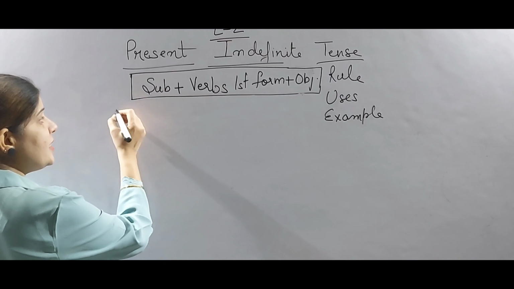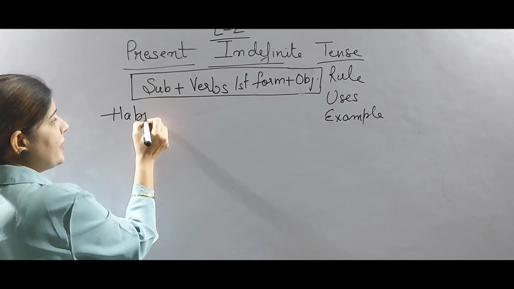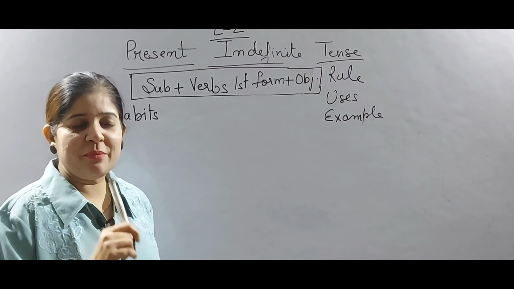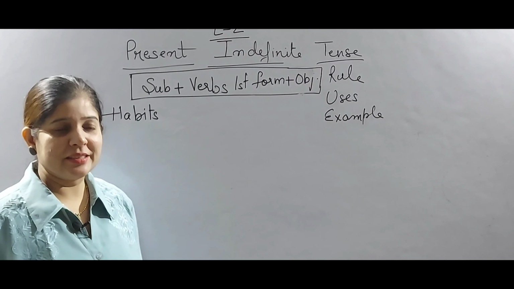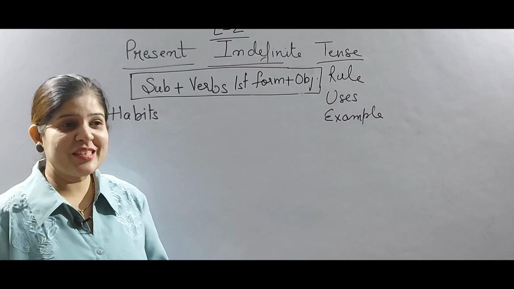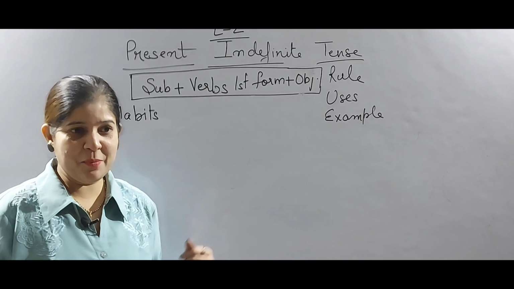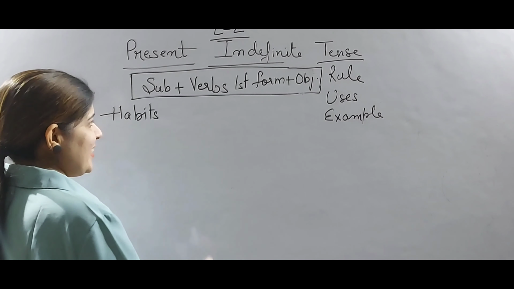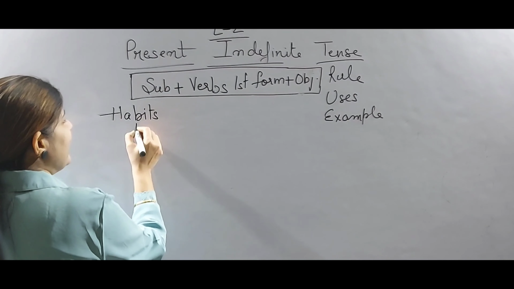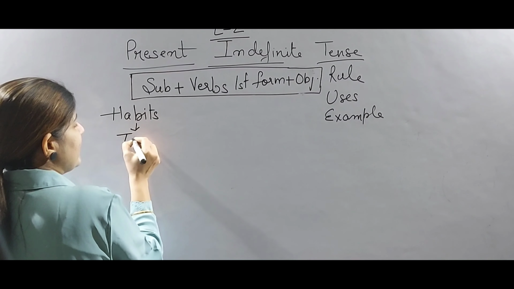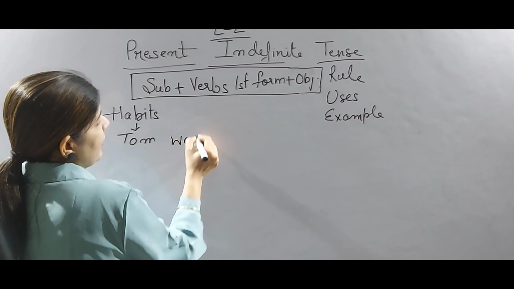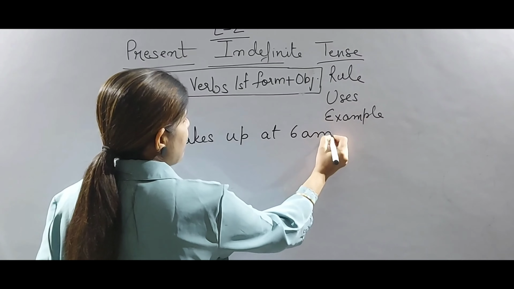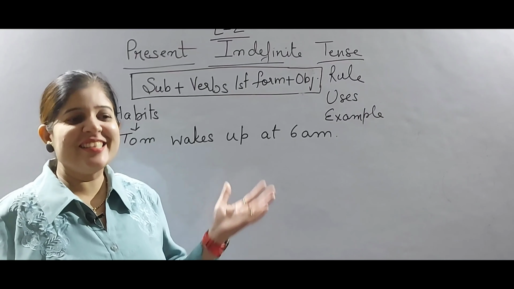So, the first use is to express habits. What are your habits? Tom, you tell me, what is your habit? Oh, you said you wake up at 6 a.m. That's a very good habit. Right, students? So, my sentence is, Tom wakes up at 6 a.m. Isn't it a good habit, students?